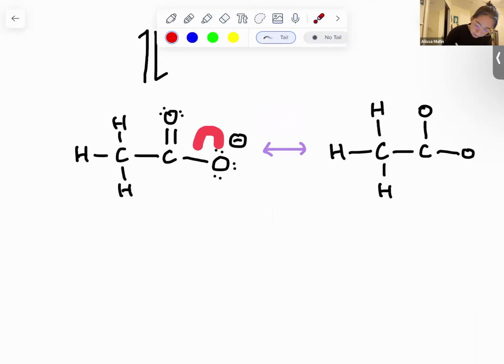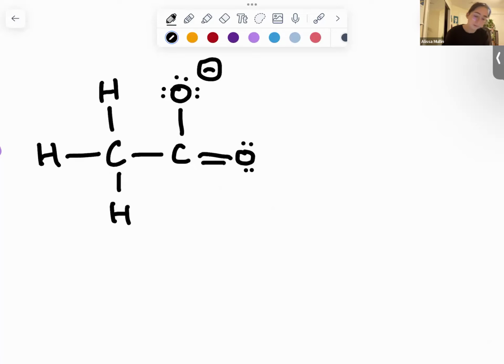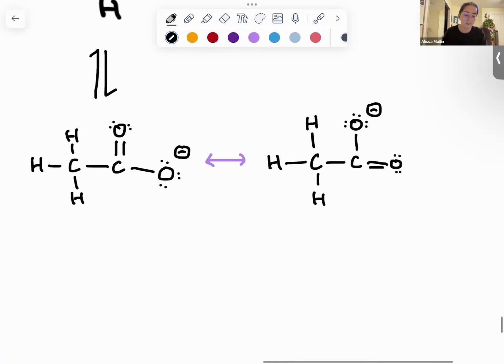These electrons could go and be a part of this bond, forcing those electrons to move up there. So hopefully we recognize that those are two resonance structures, and in reality, we're moving back and forth between them both.